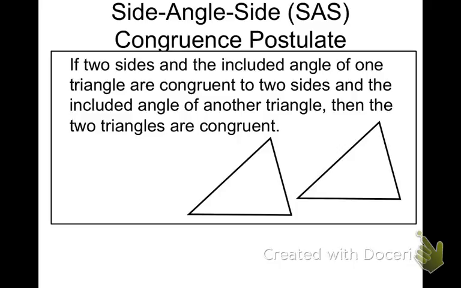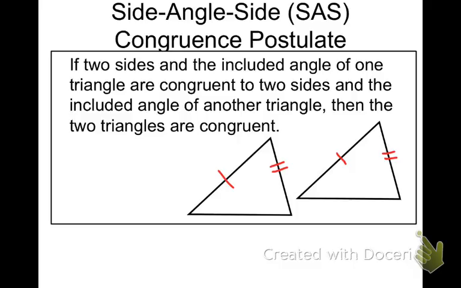So what would that look like? So maybe I have this side right here congruent to this side over here. And then maybe I have this side to the right congruent to the other side on the right. So in order for my triangles to be congruent, where would the congruent angle need to be? Left, top, or right? Top.